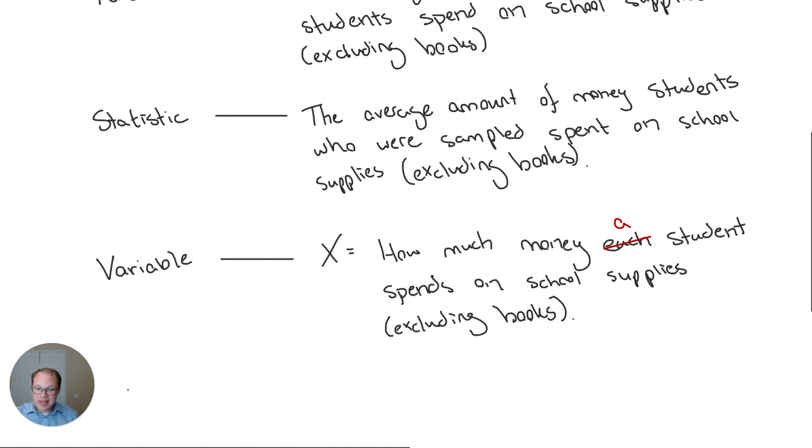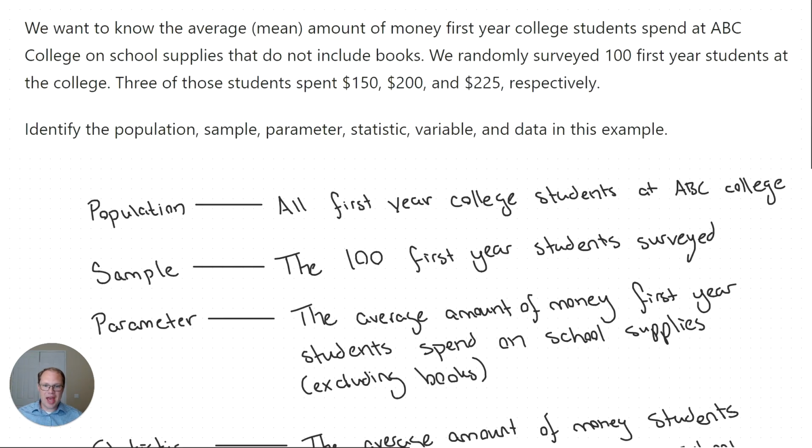And finally, the data is what the actual answers to the variable are. For each individual student, the data is how much that student actually spent. Now, we don't know this for all the students, but we have it for a few. We are told that 3 of the students spent $150, $200, and $225.